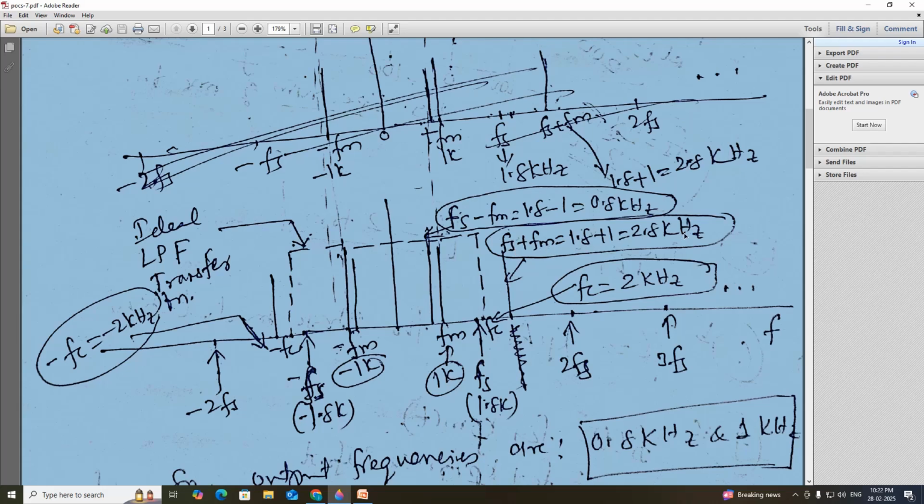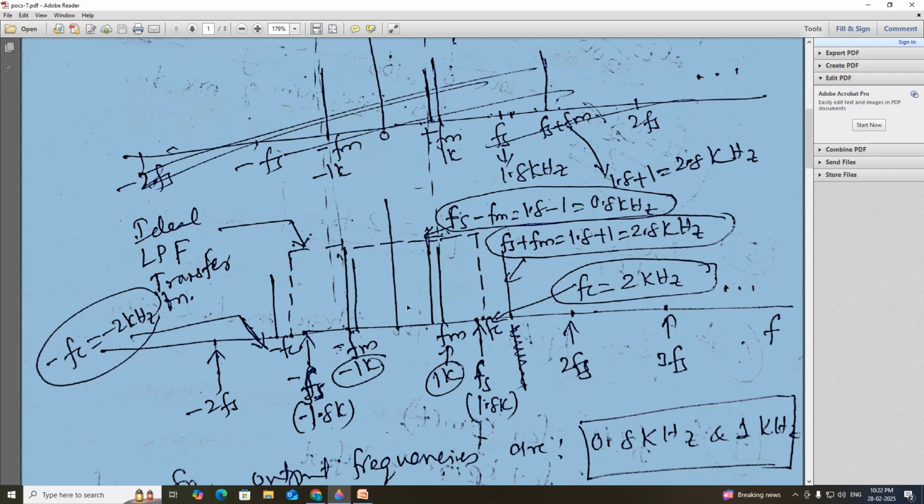This is equal to 2.8 kilohertz. The other line is fs minus fm, 1.8 minus 1, which is 0.8 kilohertz. So there are two lines here: fs plus fm and fs minus fm.